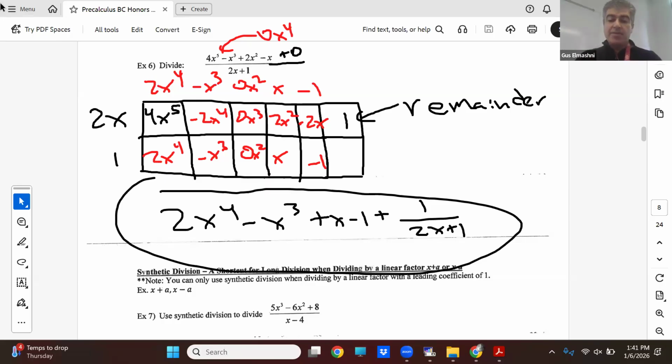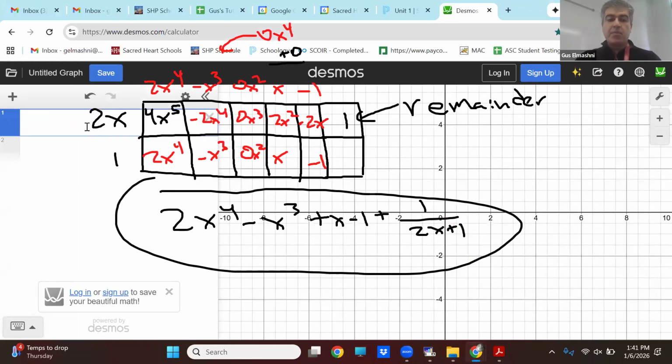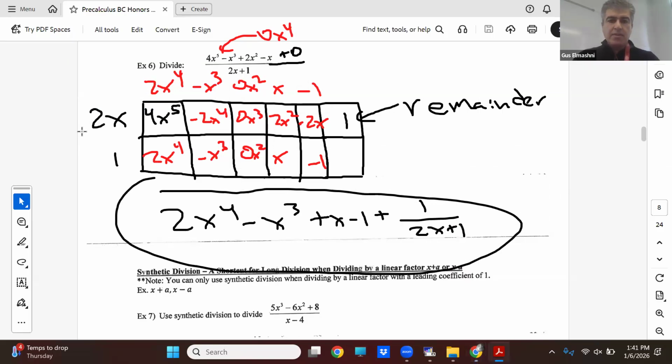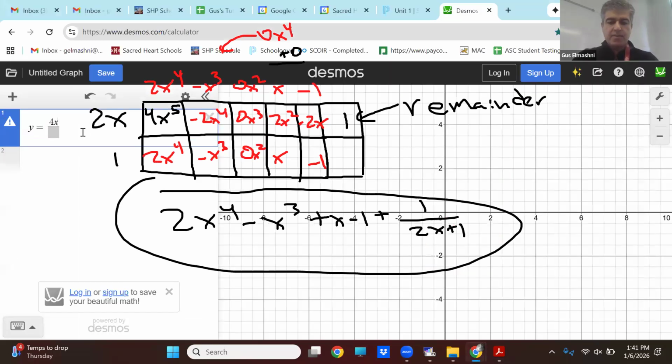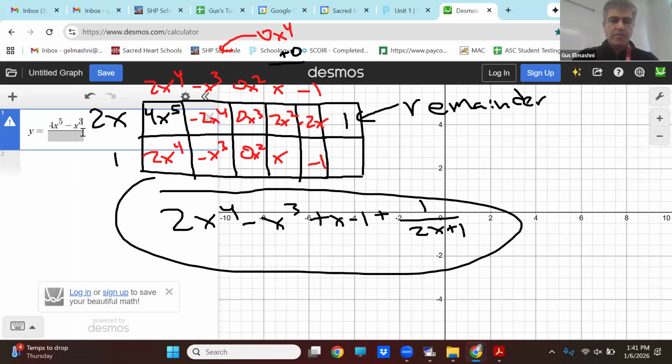Now, how you can verify this: you could verify this in Desmos. Go y equals divide, and what is it? 4x^5, and my short-term memory sucks, x cubed plus 2x squared minus x, over 2x plus 1.